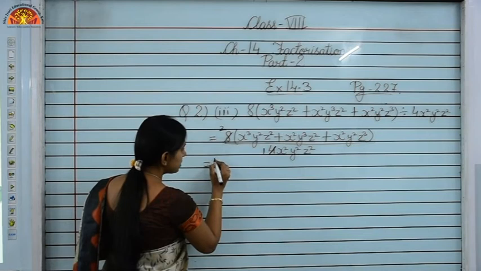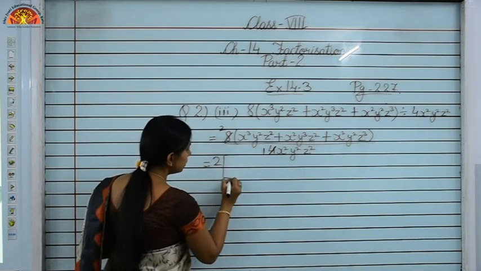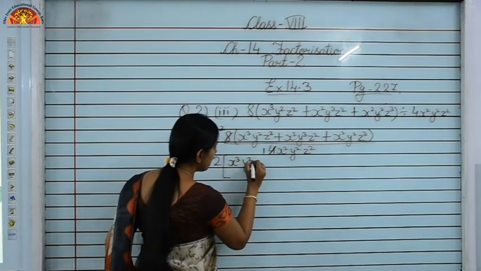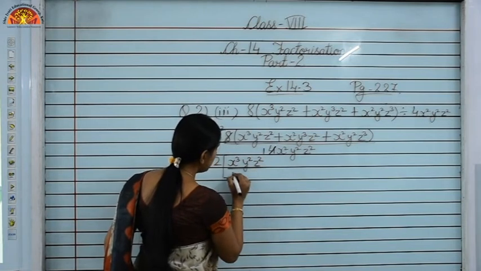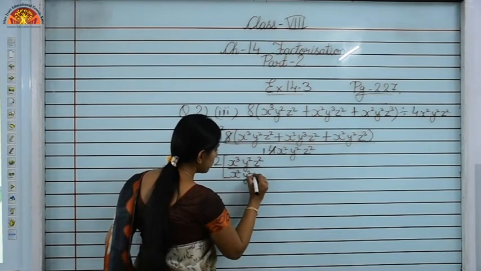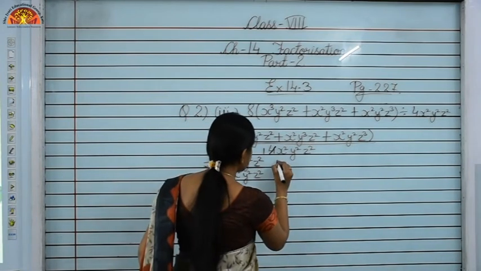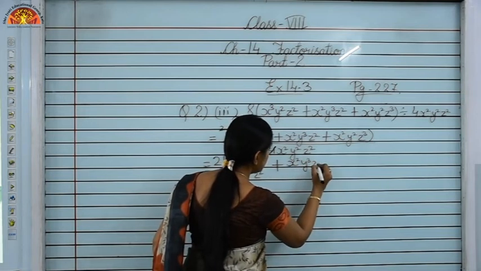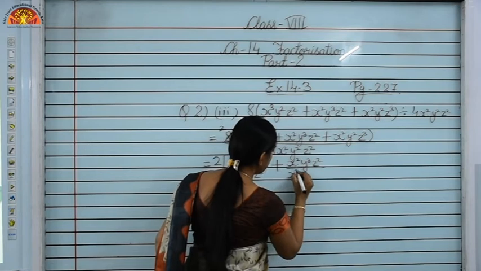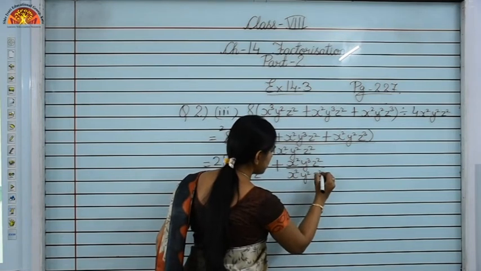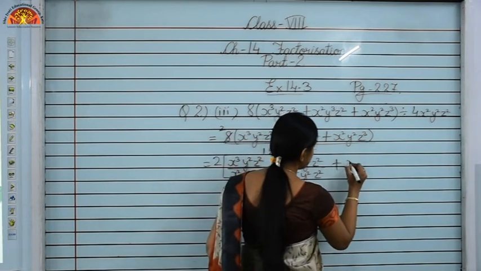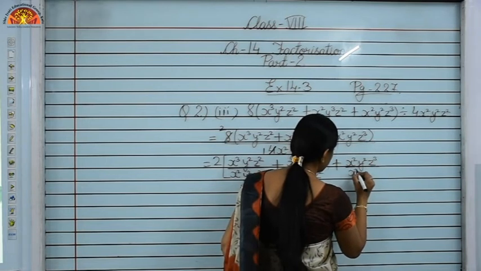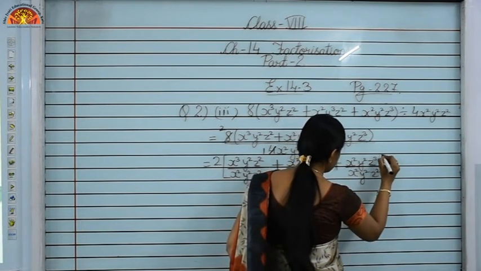So 2 will remain outside here. Now you can just carry out the division separately, that is x cube y square z square upon x square y square z square. Now it is the sign of addition. So plus x square y cube z square upon x square y square z square. Similarly plus x square y square z cube upon x square y square z square.